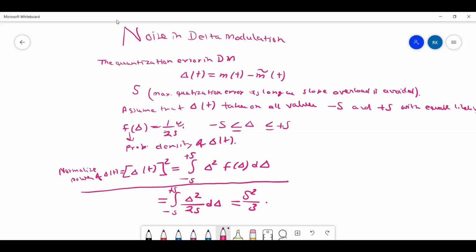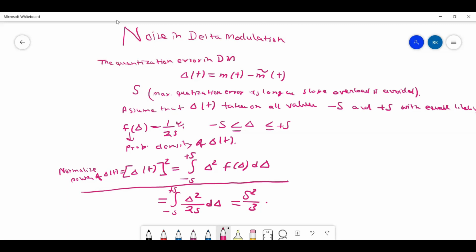Now it can be reasonably assumed that the frequency spectrum of delta t is wide over the range 0 to Fb, where Fb is 1 upon tau, tau being the step duration. So the quantization noise power in this frequency range is S squared by 3.